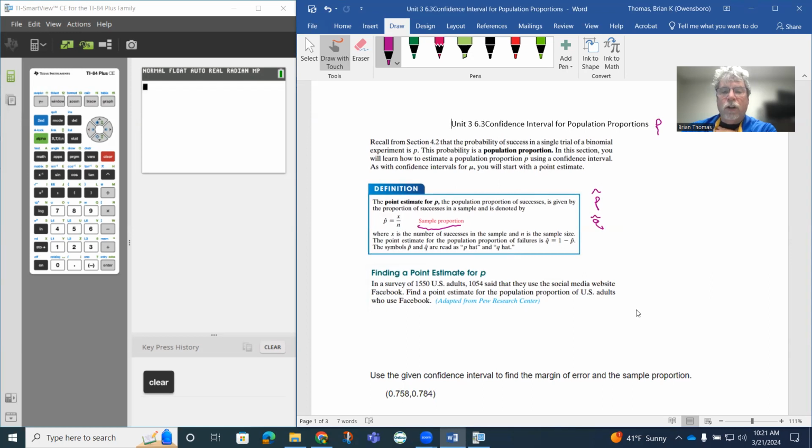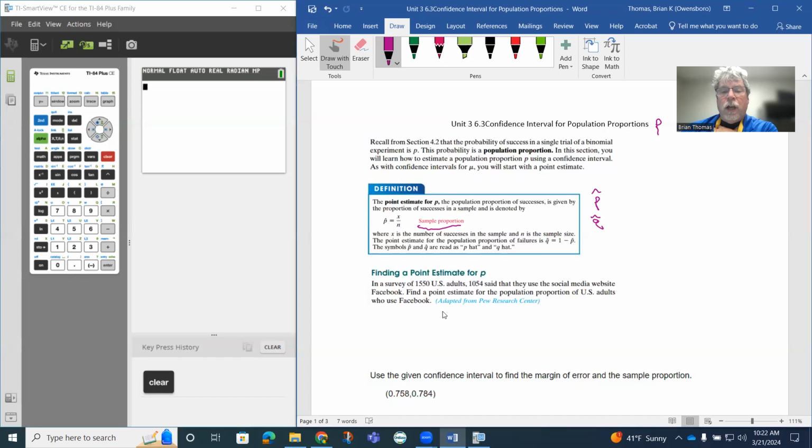We're trying to find a point estimate for the population proportion. So in a survey, there were 1,550 US adults, and 1,054 said they use the social media website Facebook. Find a point estimate for the population proportion of US adults who use Facebook.